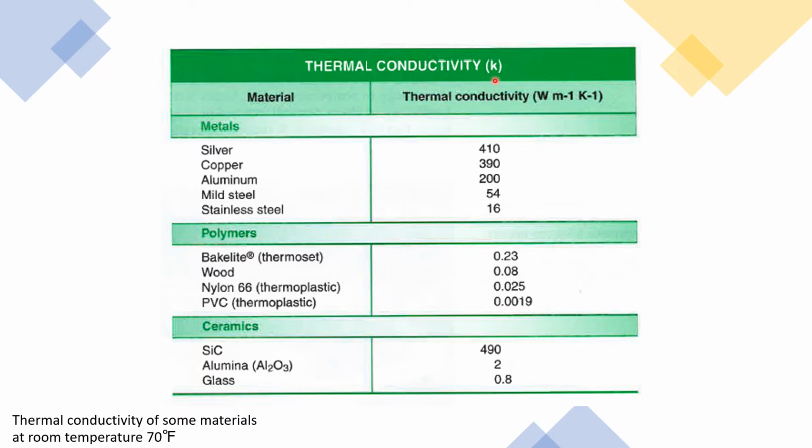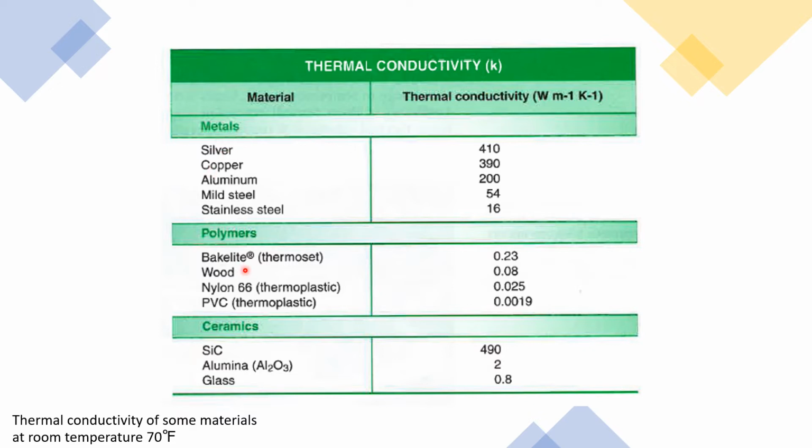Thermal conductivity, we go with a little k. That k is in watts per meter, so it has a -1, and then per Kelvin. And this one we call the thermal coefficient k. The coefficient is just a mathematical adjustment factor in the formula.